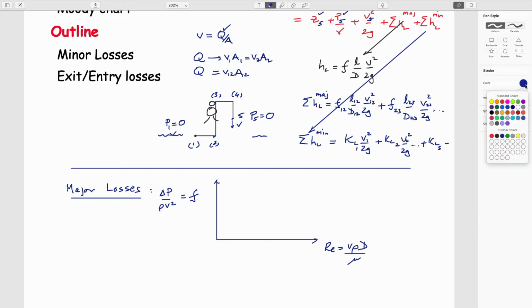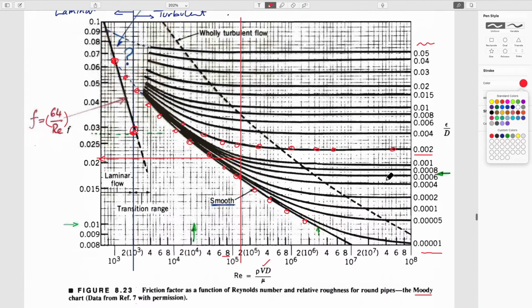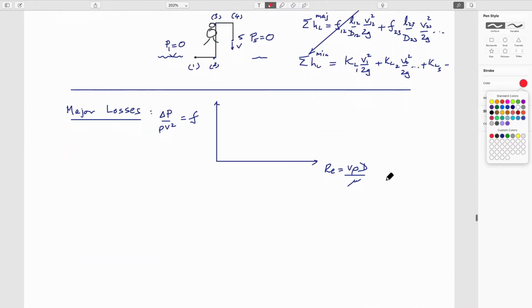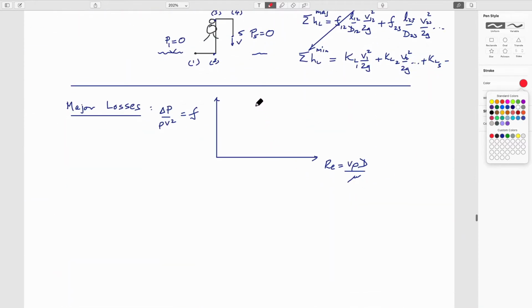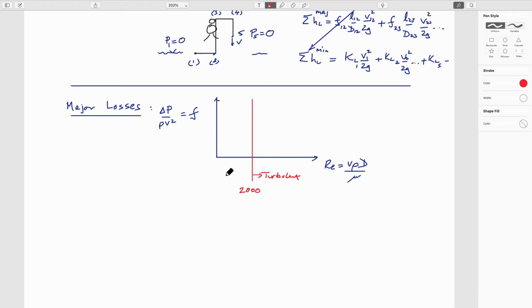And we know exactly what the form of this is. We looked at it yesterday. This is the chart here, but easier than looking at that, the characteristics of it are exactly this: there's a transition from laminar to turbulent. This happens at a Reynolds number of about 2,000, 2 times 10 to the 3.